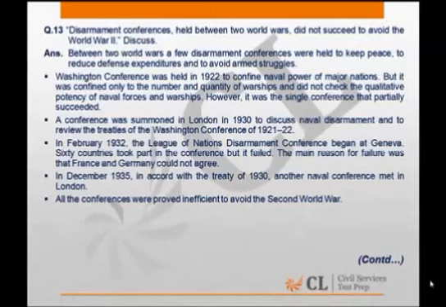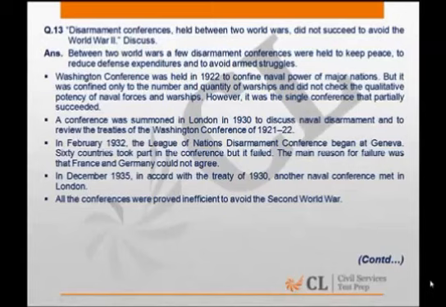So we can see in a nutshell that all such disarmament conferences failed to produce any kind of result because there was no control or monitoring of such conferences.